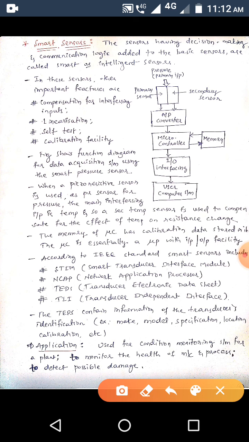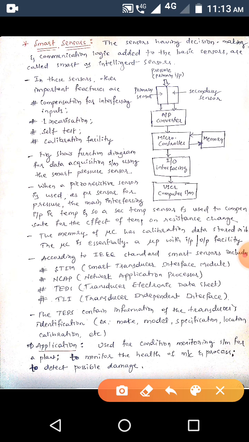Then the transducer independent interface: what is the function of TII? It is going to interface with the STIM here. The TII is going to interconnect with the STIM. The TII is the 10-wire serial input output bus that defines the data transport from STIM to NCAP.